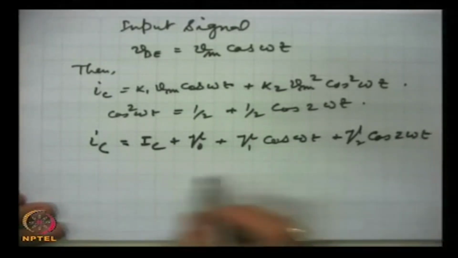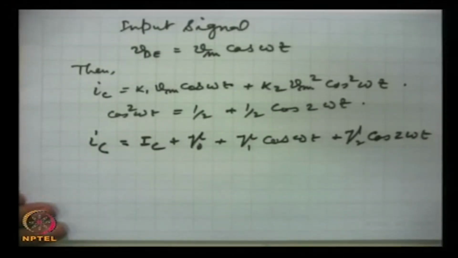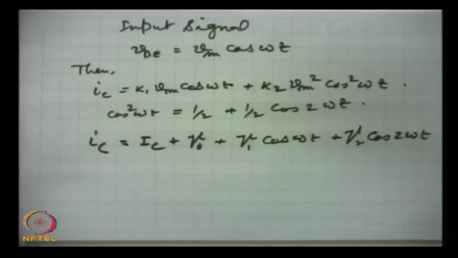This is the expansion. Now, in the push-pull, as we have talked, there are two transistors, and the input signals differ in phase by pi. The upper one responds to the positive half of the input signal, the lower one responds to the negative half.